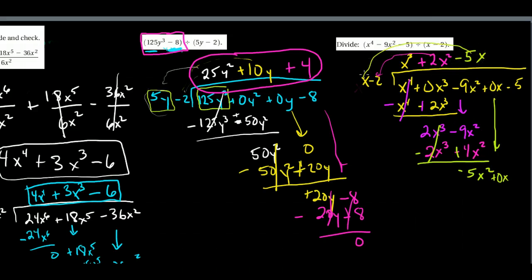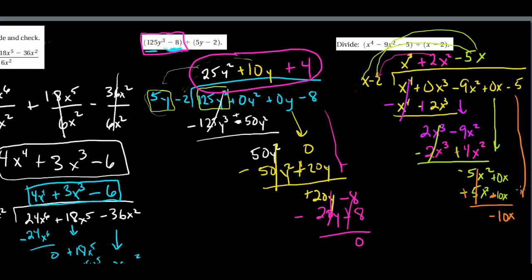I distribute, and I get negative 5x squared. Minus 5 times a minus 2 is a plus 10x. So from here I will have to change the signs and add, so those cancel, and I'm left with a negative 10x.